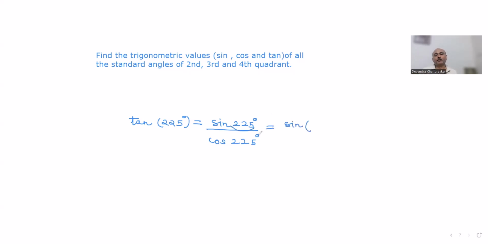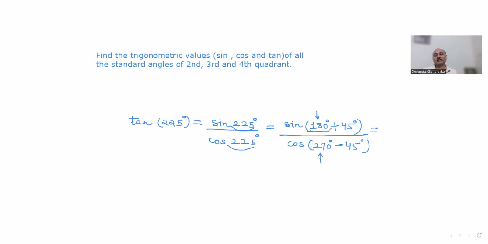Now this is easy peasy. This angle lies in the third quadrant, so this is sine of 180 plus 45, divided by cos of, let me write it as odd for you, 270 minus 45, right? So one I am taking even, one I am taking odd.